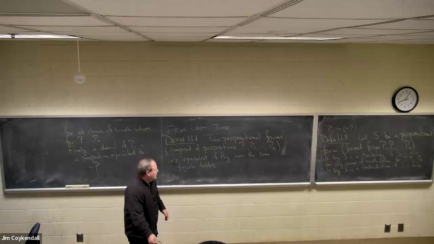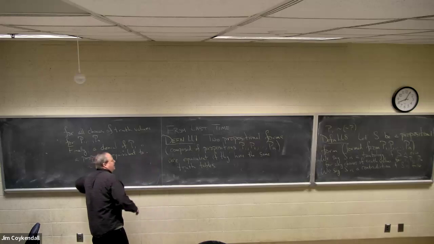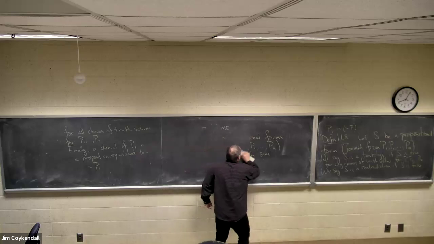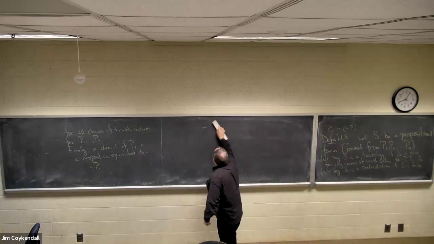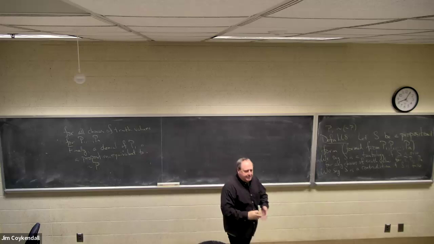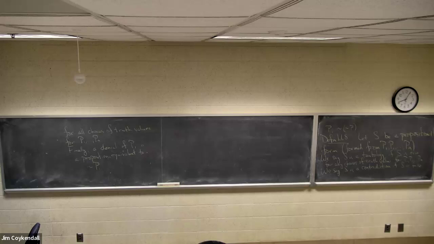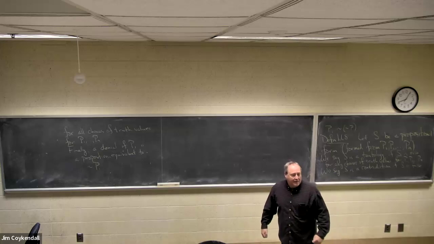Okay, so let's talk about this a little bit. Can anybody give me an example of a tautology? That is some propositional form I can make, and no matter how I choose the truth values of the little propositions in it, it's always true. "It's cold or it's not."